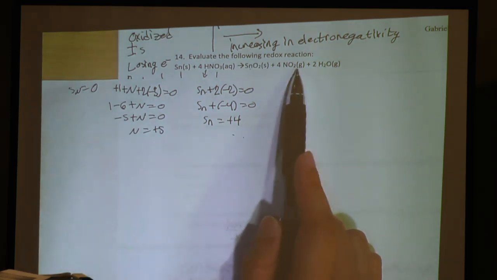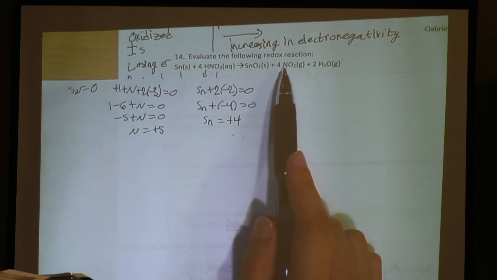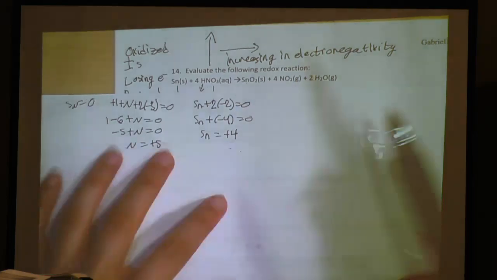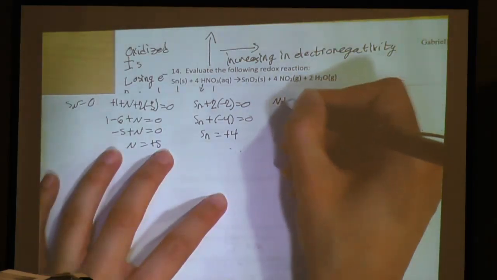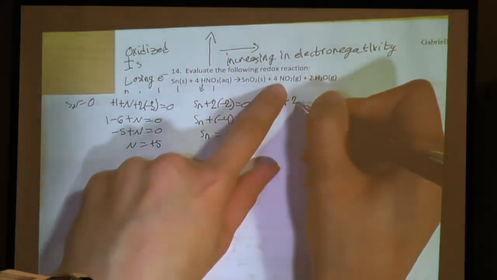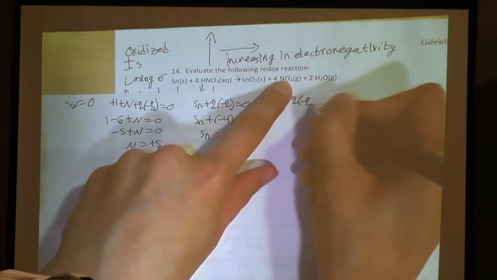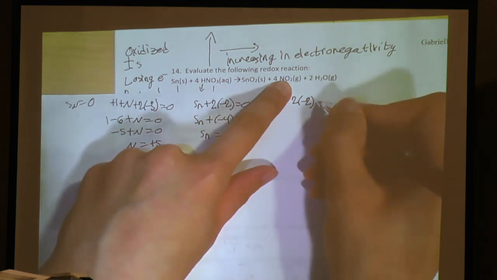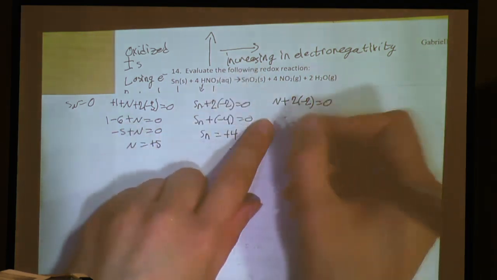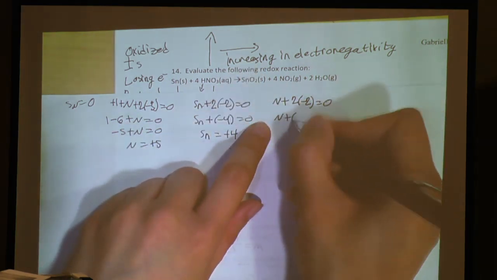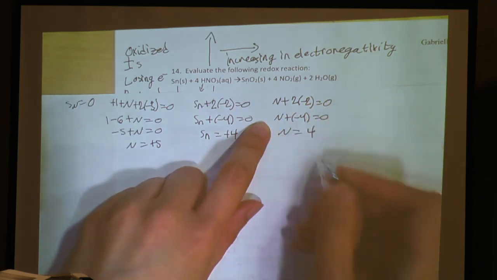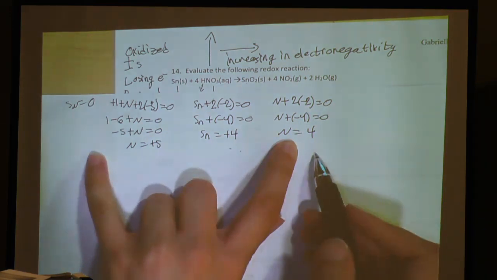So we know the oxidation state of oxygen, so we have to solve for nitrogen because oxygen is more electronegative than nitrogen, right? So it's hogging all of the electrons. So nitrogen plus, we have 2 oxygen, so 2 times -2, because -2 is the charge of oxygen on the periodic table. And we set all of that equal to 0. So now N plus -4 is equal to 0. N is equal to +4. Right?